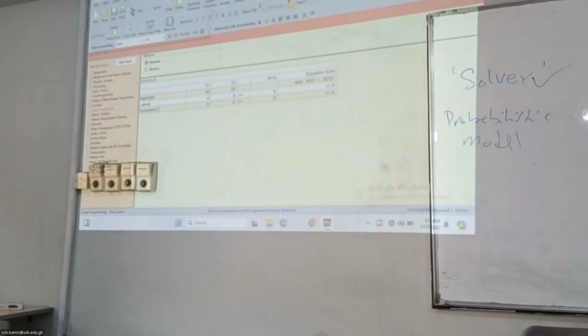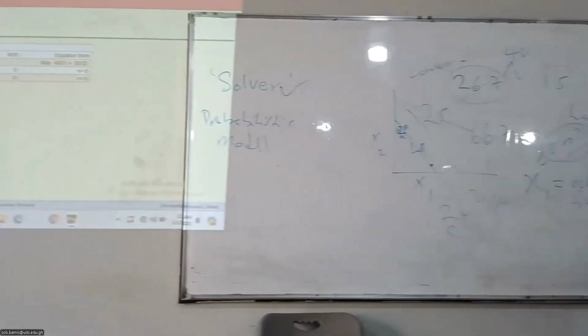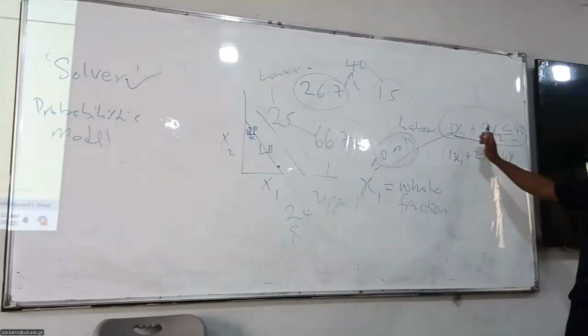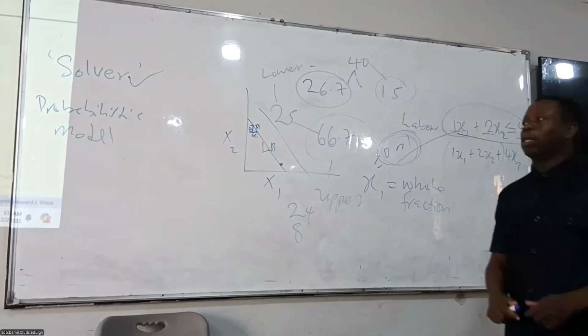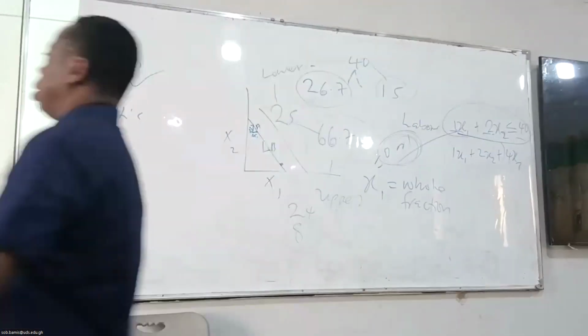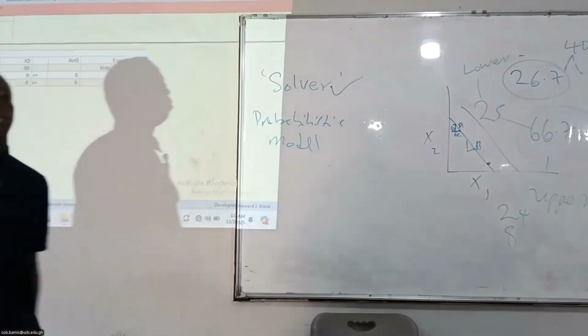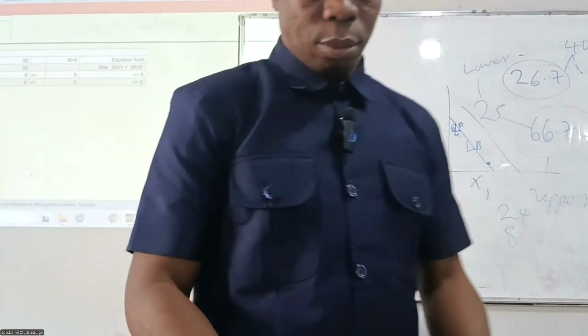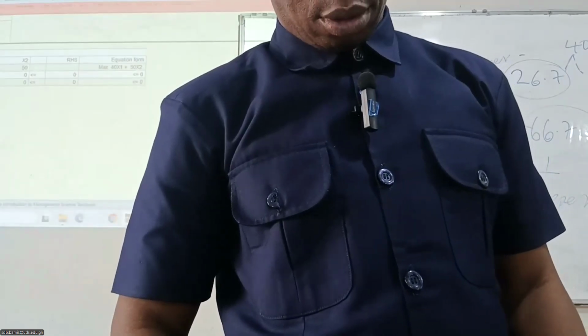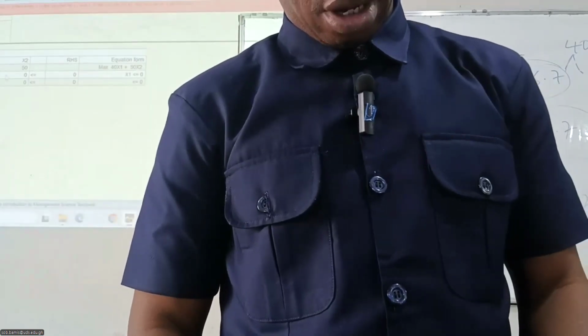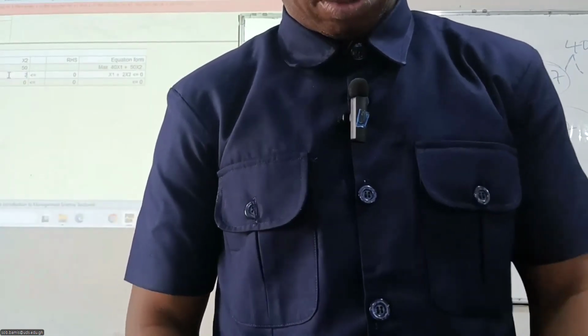The coefficient of x1 is what? 1. This one is what? 2. So 1, what? 2. So you type it there. 1 and 2.